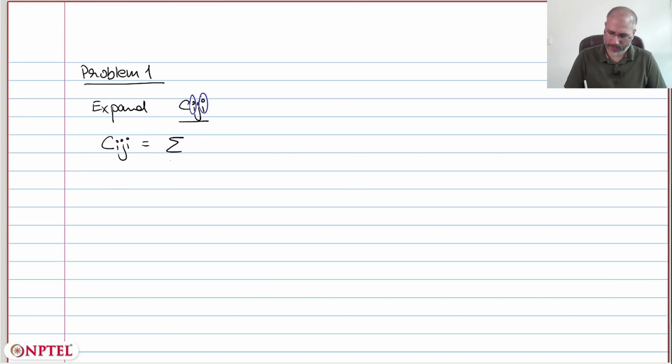can be written as sum I goes from 1 to 3 because we live in a three-dimensional world, Cij. And this then we expand. So we write C1j1 plus C2j2 plus C3j3.